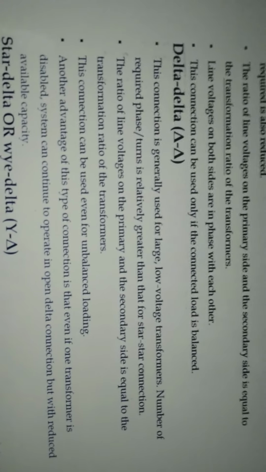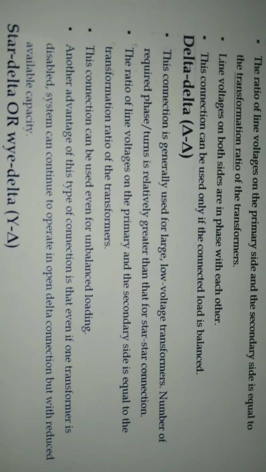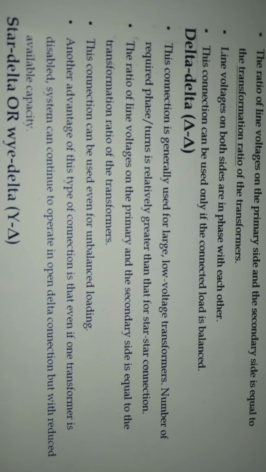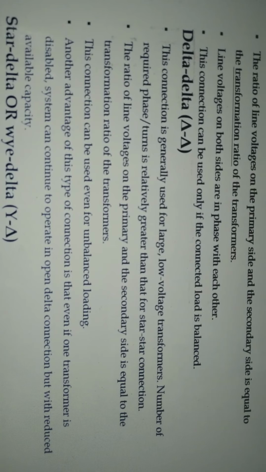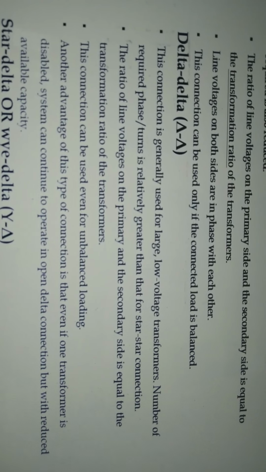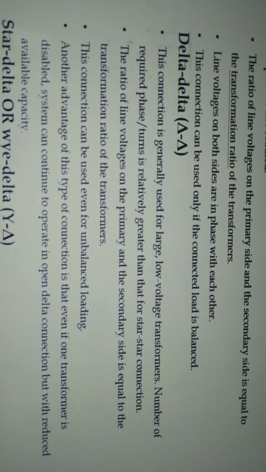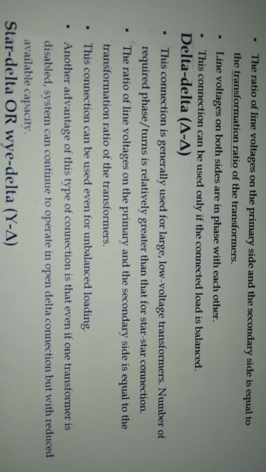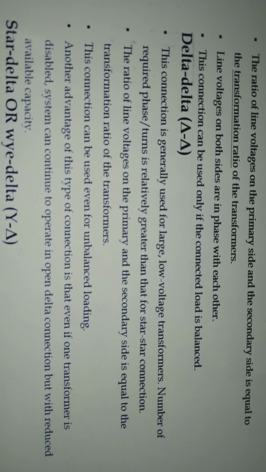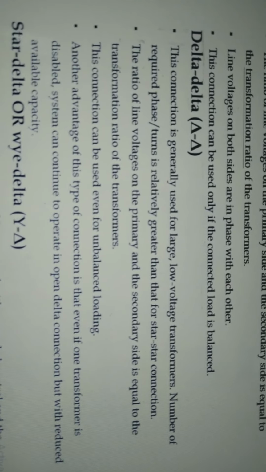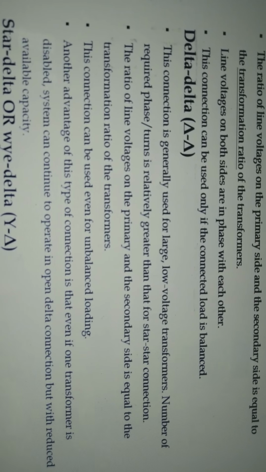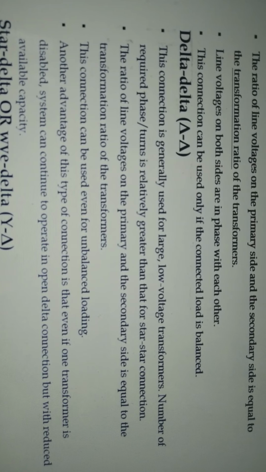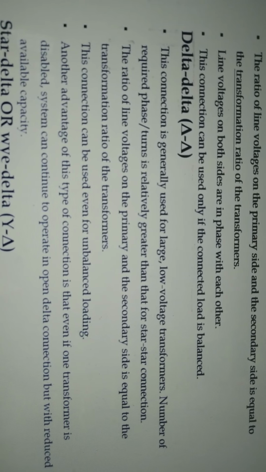When you see the delta to delta connection, this connection is generally used for large low voltage transformers because the number of required turns per phase is relatively greater than that for star to star connection. The ratio of line voltages on the primary and the secondary side is equal to the transformation ratio of the transformer.